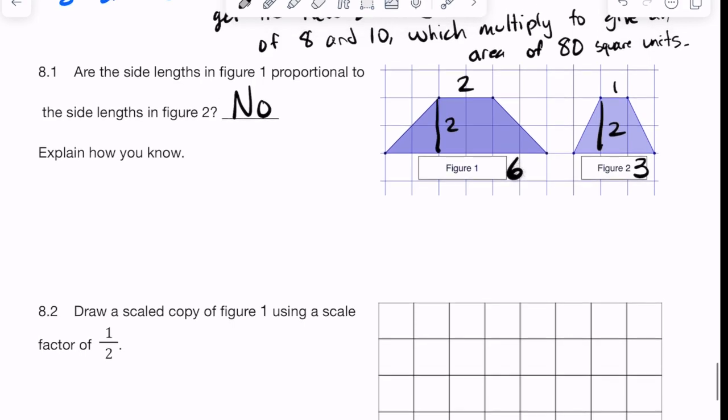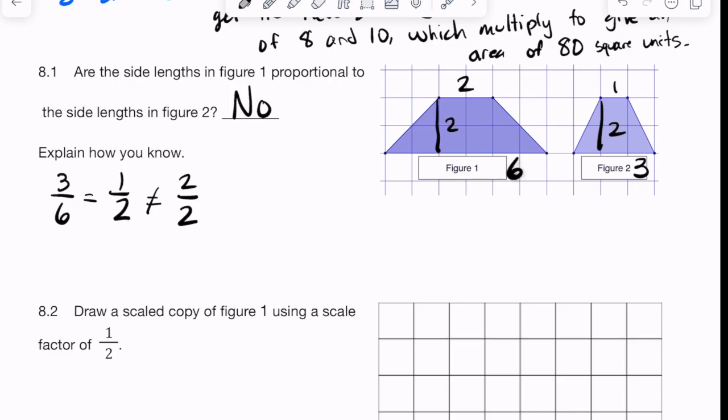So if I find those ratios, we would have 3 divided by 6. That does equal 1 divided by 2, but it doesn't equal 2 divided by 2. These equal 0.5, so the bases got half as small, but the height stayed the same. So all the dimensions didn't change by the same factor.